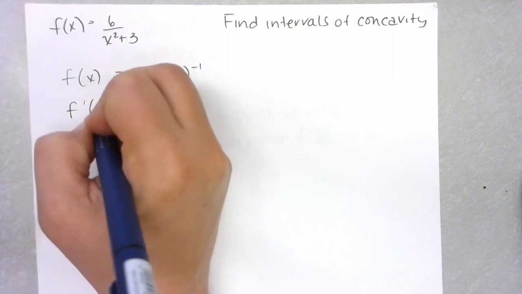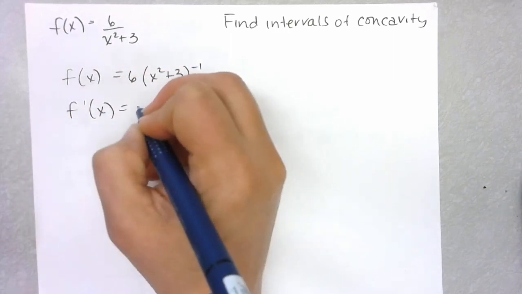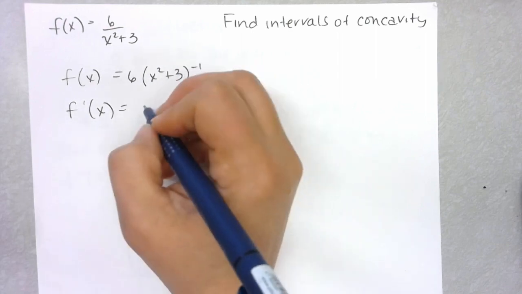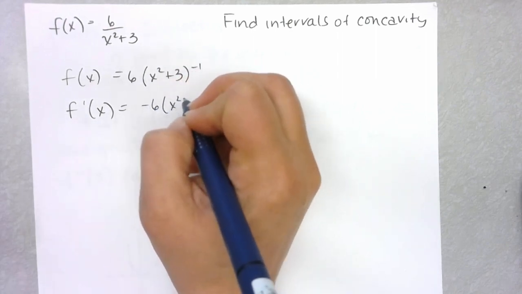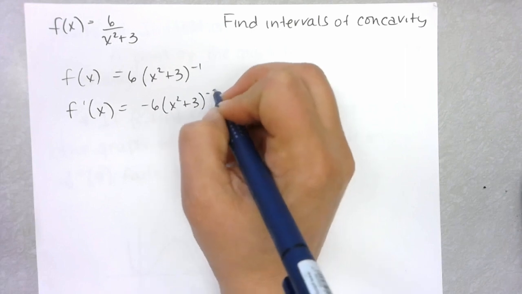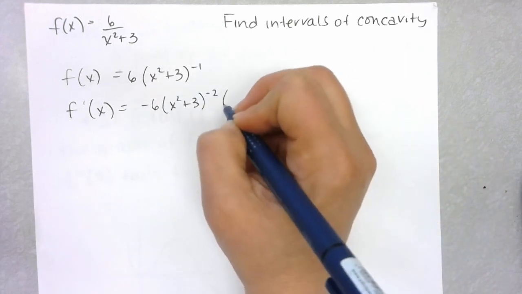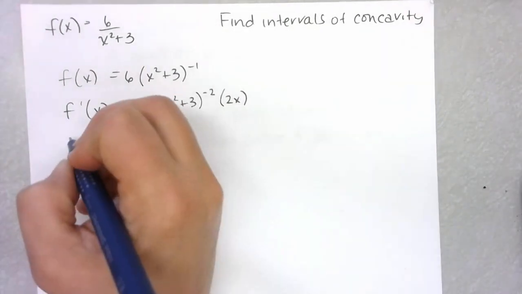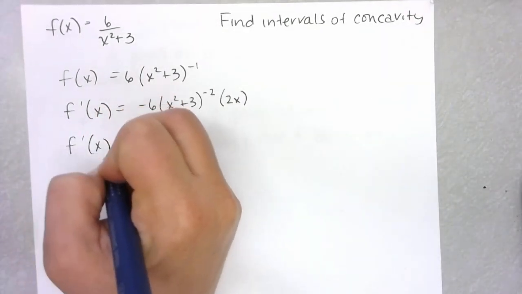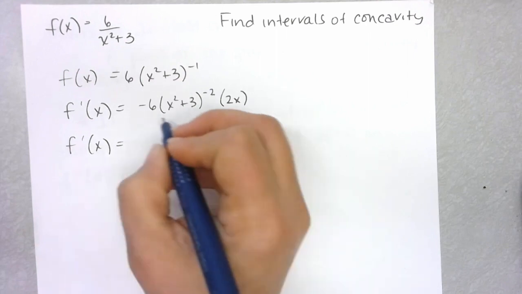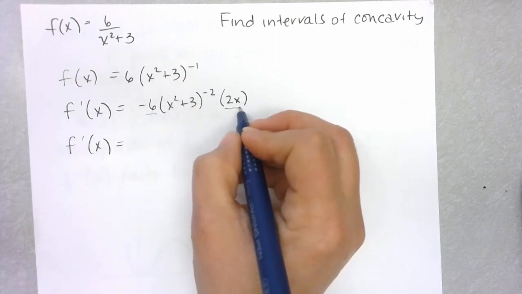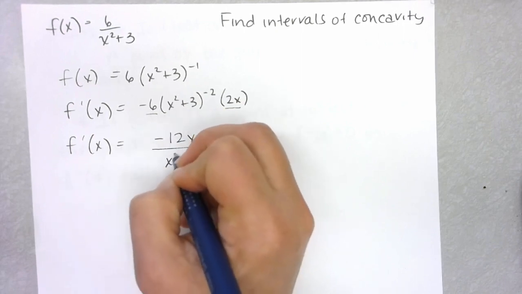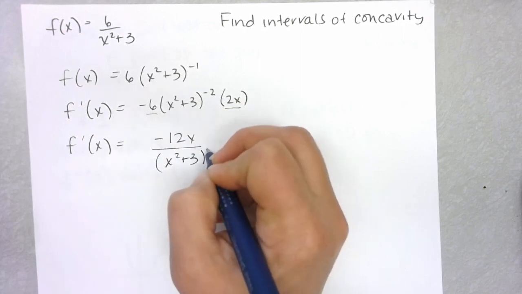So my f prime of x is, using the chain rule here, 6 times negative 1 is negative 6 times x squared plus 3 to the negative 2, and then times the derivative of the inside, which is 2x. All right, so I'm going to rewrite f prime without this negative exponent. These two things are on top, so I multiply them together and get negative 12x over x squared plus 3 squared.